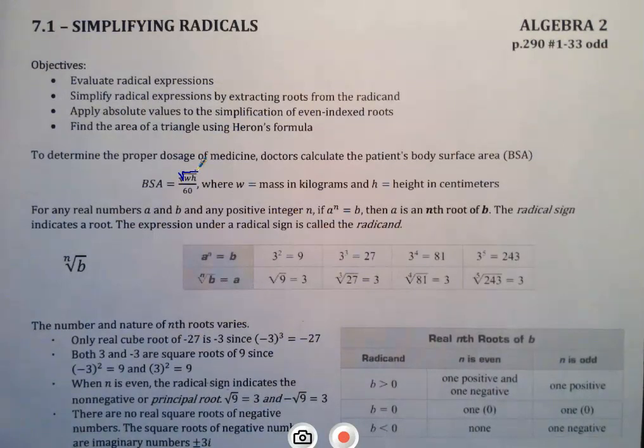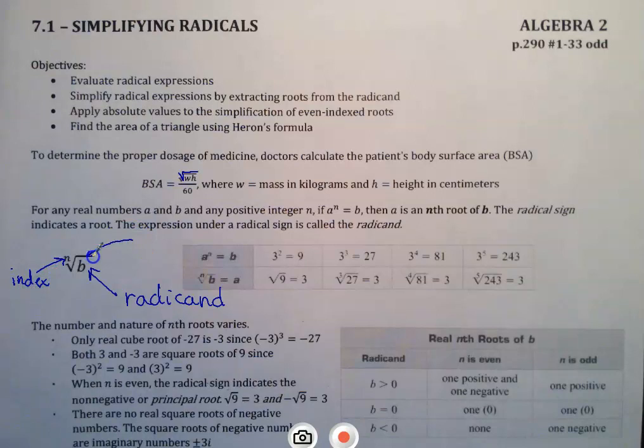So let's label these things. What is the b here? The radicand. What's this number up here called? Not the radical, not the radicand. This is called the index.